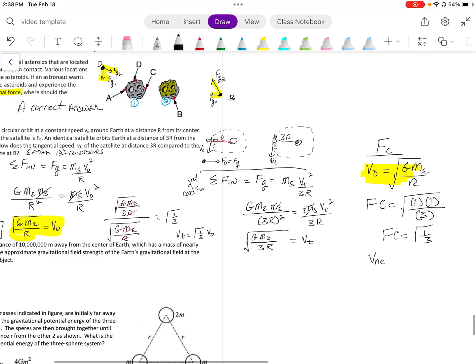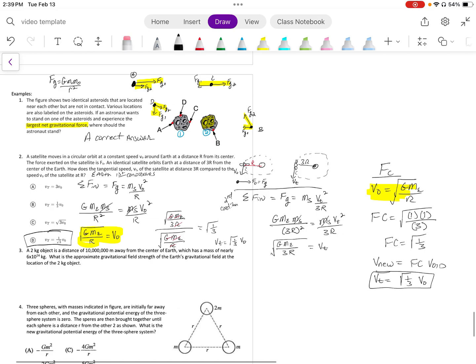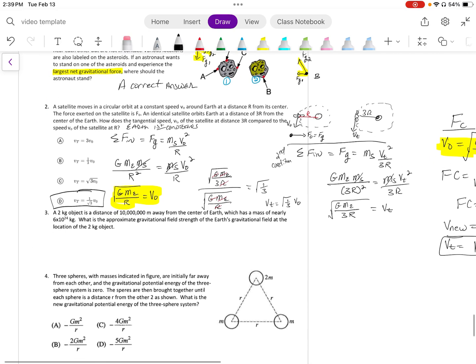V new is equal to this factor of change times V old. And V new, they called it V sub t. Factor of change is the square root of 1/3 times V old, they called it V naught. And you get the same answer and a heck of a lot less math. There's a whole handout and an instruction video on how to use factor of change.